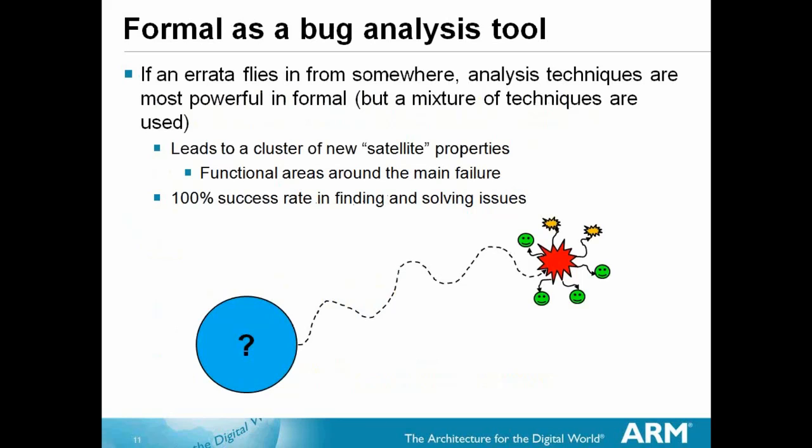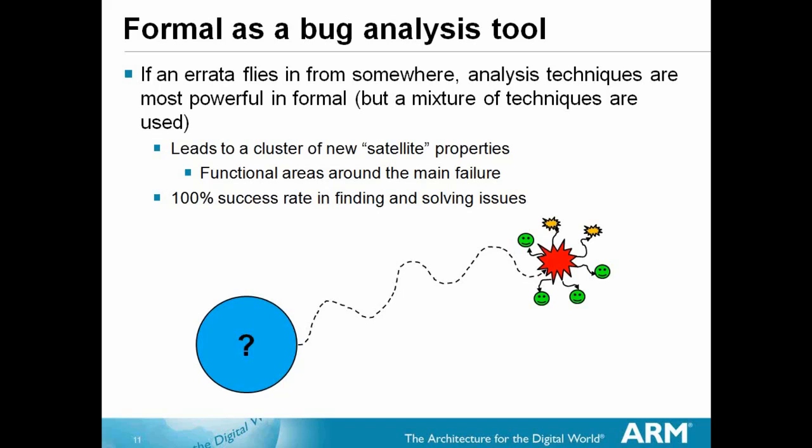So there's been talk in the room about bugs and analysis, and ARM agrees that formal verification is a very good bug analysis tool. And what tends to happen with us, wherever an errata may fly in from, we would leverage not just formal, so we will also use other techniques, but formal seems to be the best technology here.